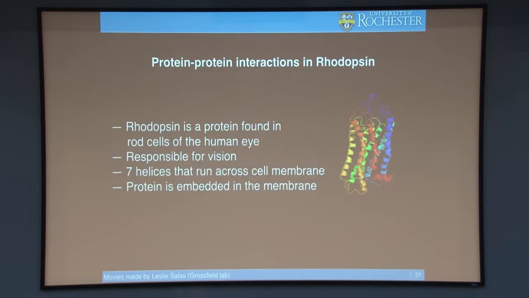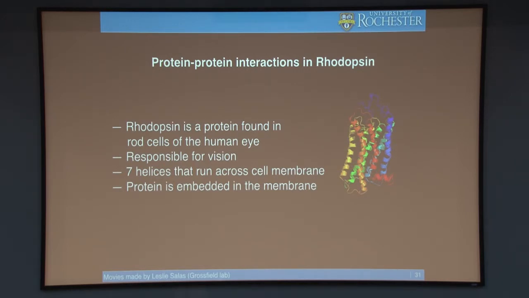We also wanted to look at another protein that our lab works with, rhodopsin, which is responsible for vision. It's present in our eyes, and it detects light emitted, reflected in our eye. It's embedded in the cell membrane of rod cells.